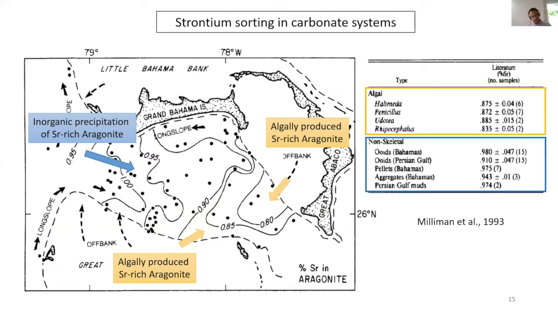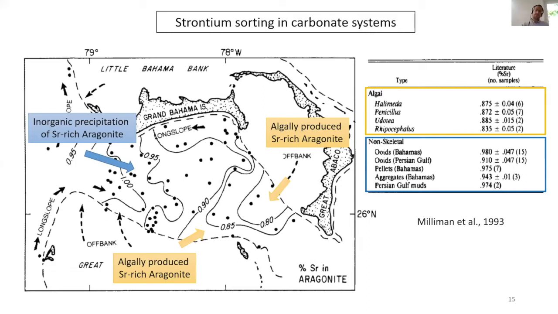And when digging into the literature, there is also another interesting example from Milliman, which shows a gradient of concentration of strontium in the Northwest Providence Channel, with nearly 1% of strontium in aragonite towards the western part of the channel, and a decreasing percentage towards the east.